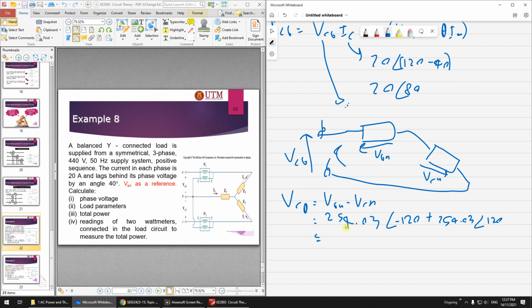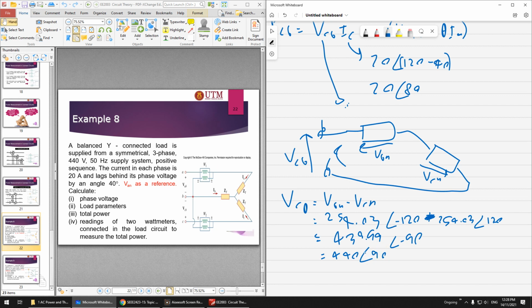So calculate back. Sorry, this one is negative. So you get 439.99, angle negative 90. So basically this one is 440, angle 90 degree.